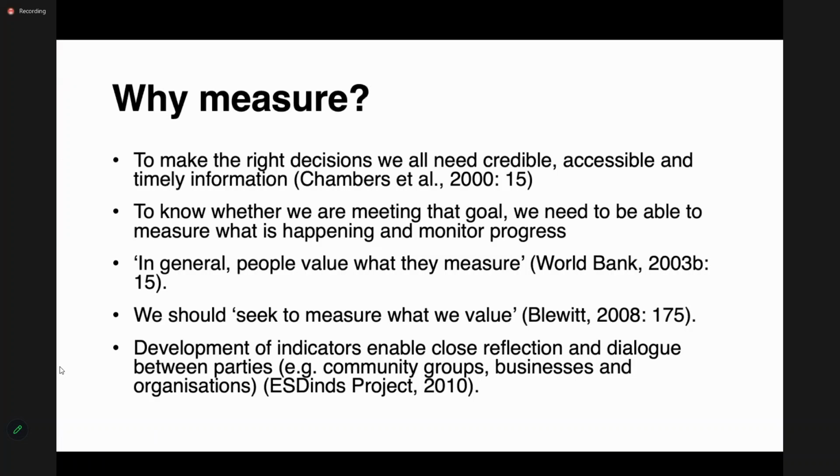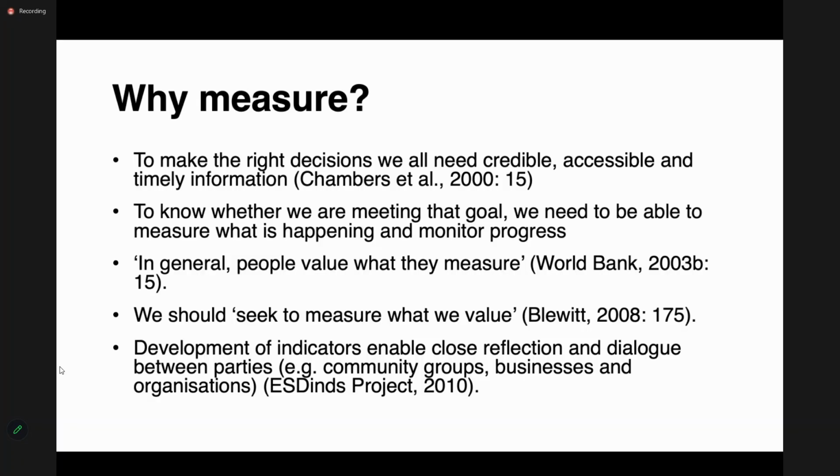Why do we need to measure something? If we are to make right decisions, we need to have credible, accessible, timely information. Without information, without data, we might not be able to make the right decision at the right time.